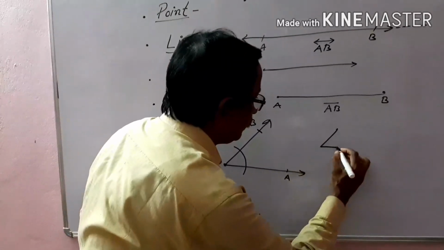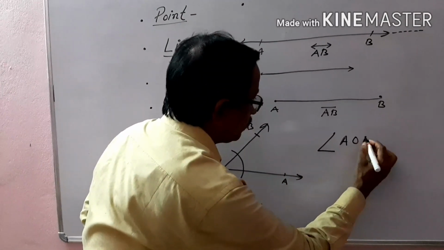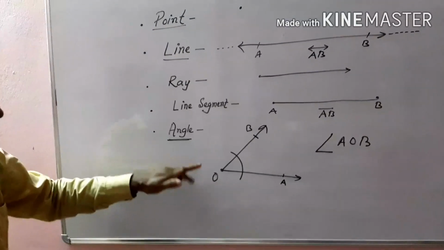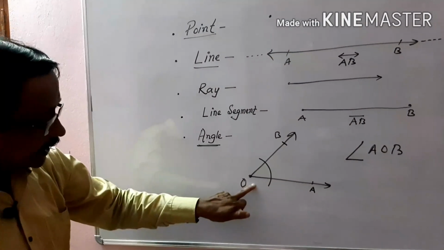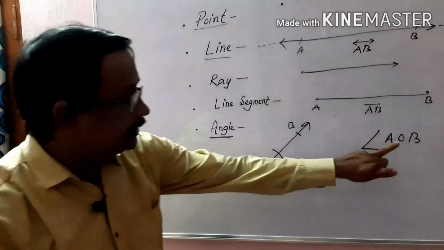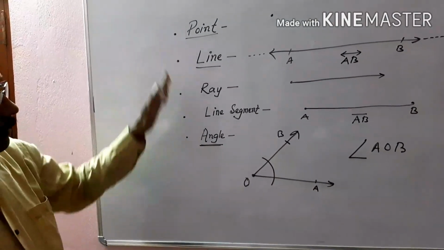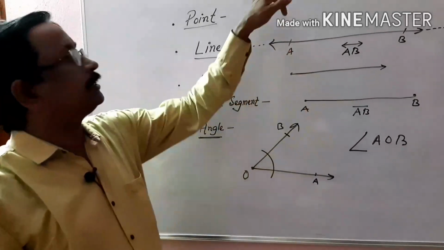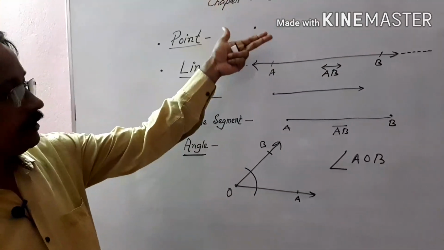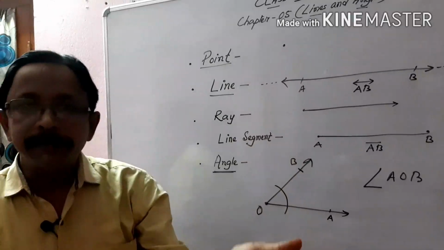We write angle AOB. When you write an angle's name, the vertex must be in the middle. This is how you can write an angle. After that I will explain complementary angle and supplementary angle, which are related to class 7.